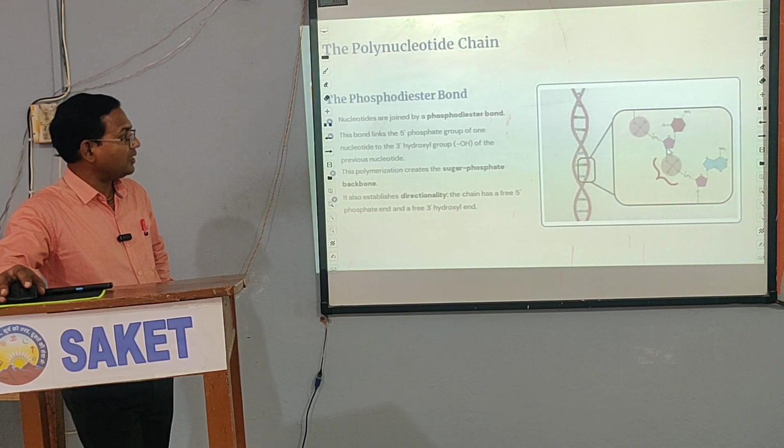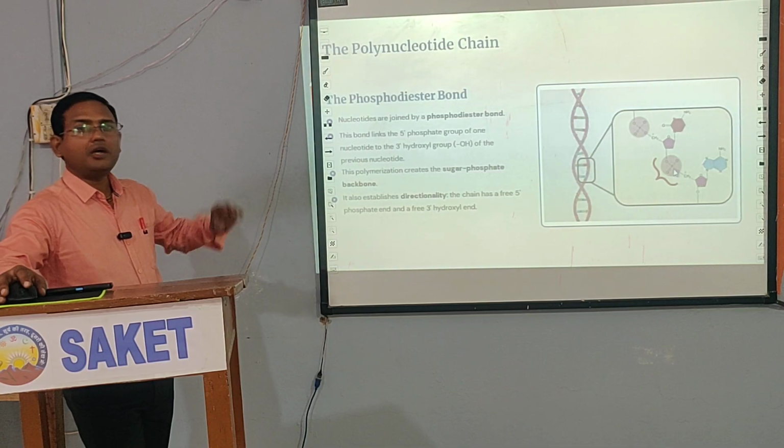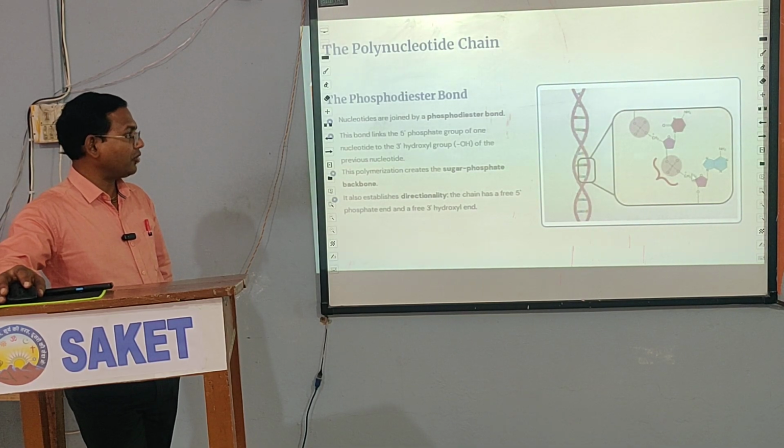This is the third carbon. With the third carbon, this phosphate gets connected. So at the first nucleotide, this phosphate is present with the fifth carbon of this deoxyribose sugar, and this is the third carbon. So in this way, this phosphate group helps in interconnecting the successive nucleotides.